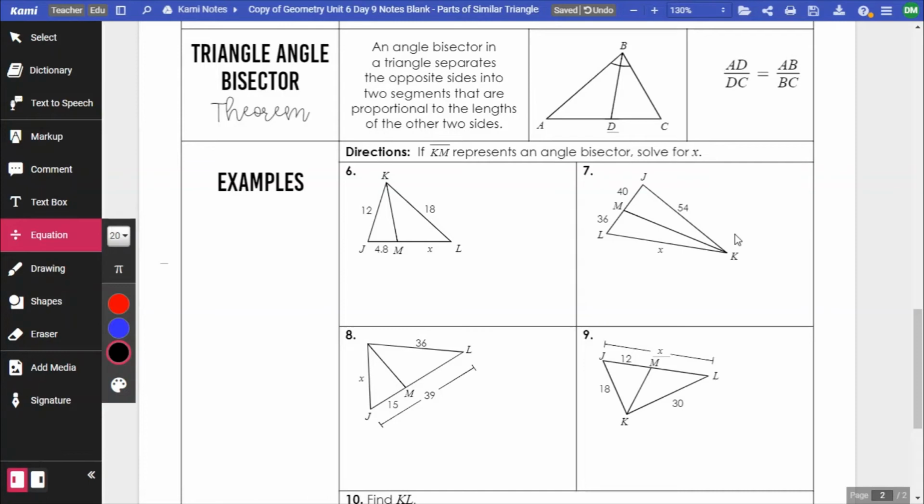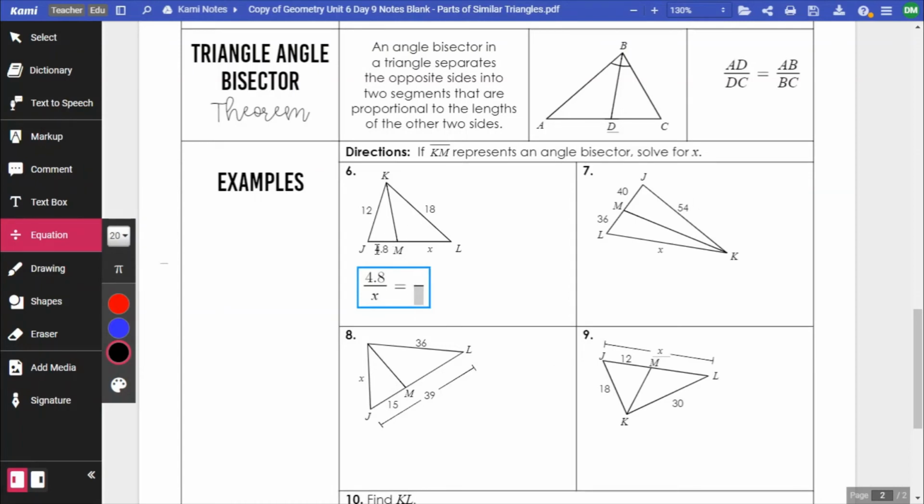All right, so let's look at one of these. So if KM in all of these is an angle bisector, we want to solve for X. So we're going to set this up as a ratio of the pieces created by the angle bisector. So maybe I'll go 4.8 over X. And then that's equal to the ratio of the sides that are next to those pieces.